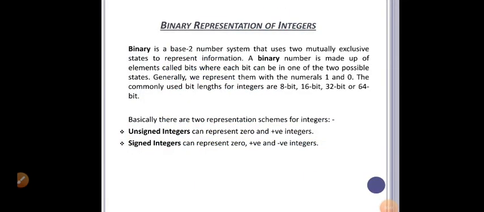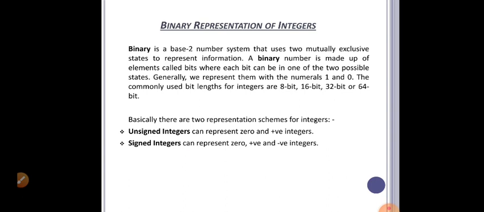Binary representation of integers. In previous lectures I told you what binary is. Binary means 2. Binary is a base 2 number system that uses two mutually exclusive states to represent information. A binary number is made up of elements called bits, where each bit can be in one of two possible states.